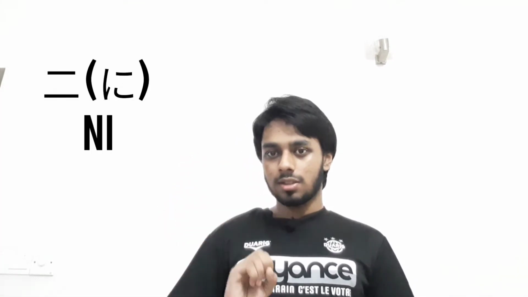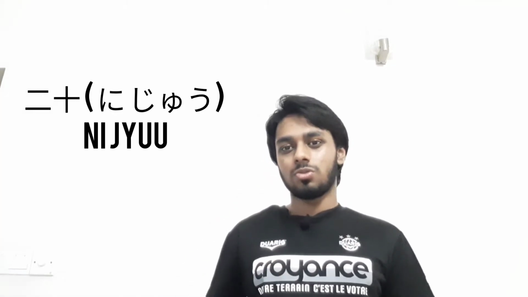Now, 2 in Japanese is ni, and 10 in Japanese is ju. So 20 in Japanese is ni ju. Niju. See?